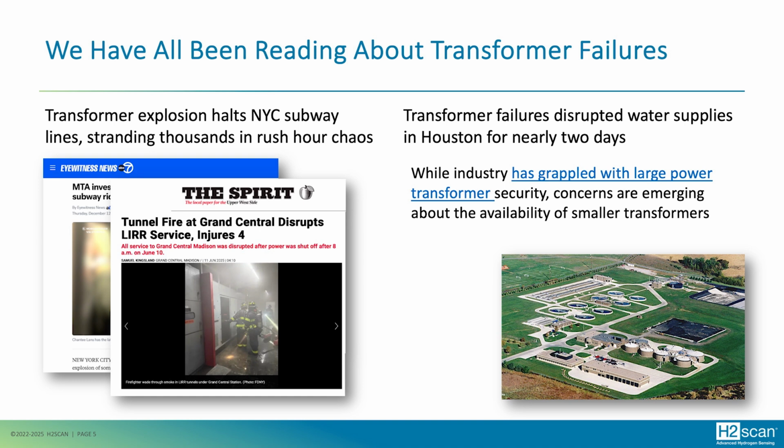But I think people are starting to understand that smaller transformers, the size of the transformers that you own and operate, are for the large part still somewhat unaddressed. And so that's really a little bit about what we're going to try to cover today. I picked on a few of the more prolific events, those that make the media, those that social media have taken to a bit of a feeding frenzy, perhaps in some cases.